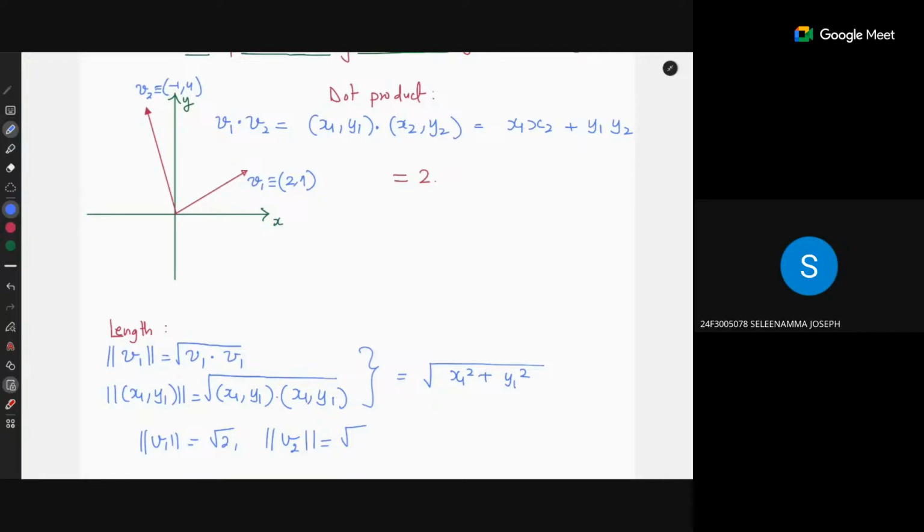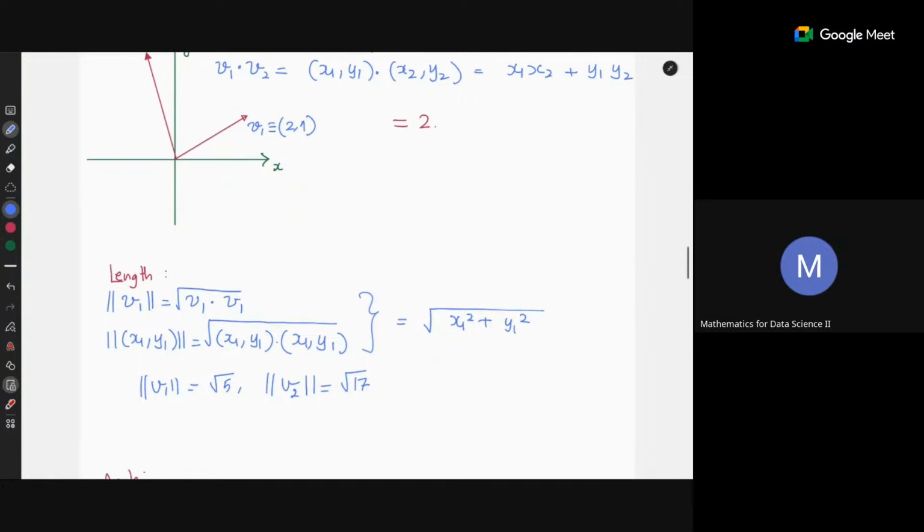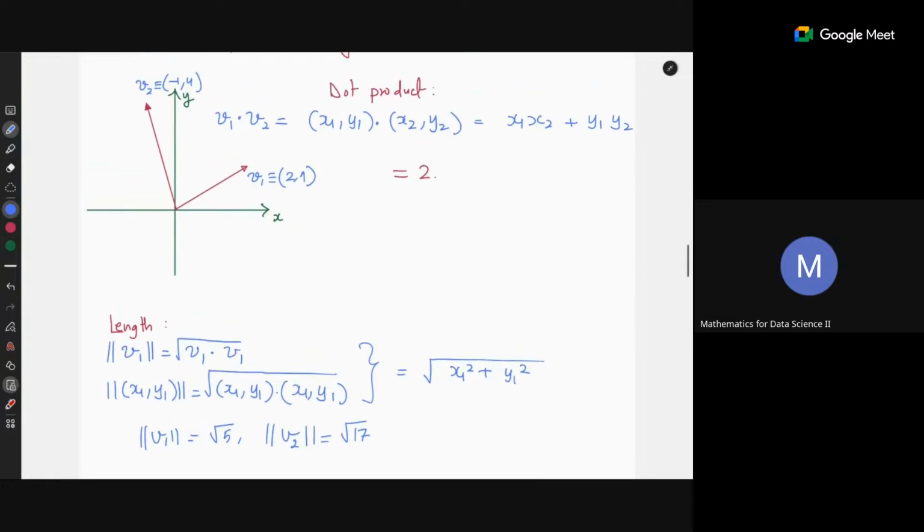It is 4 plus 1, so it is 5. The length of v2 is square root of 5. Does everyone agree with this calculation? There is no doubt, I guess.